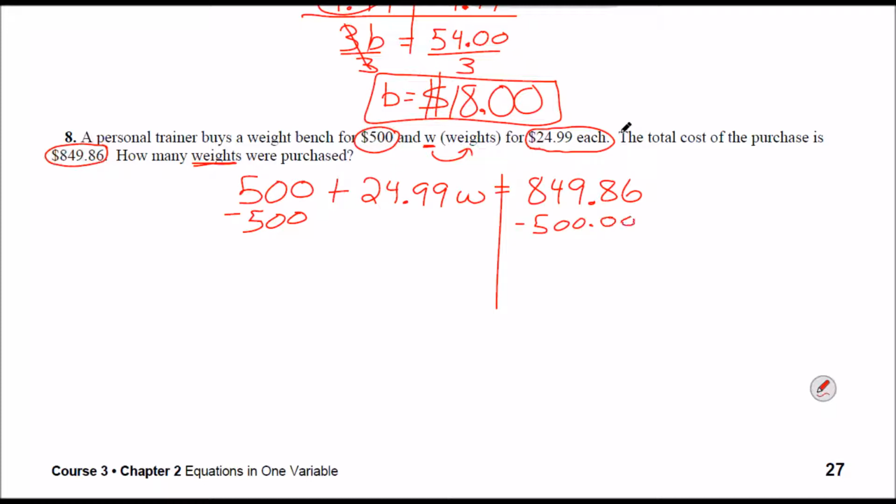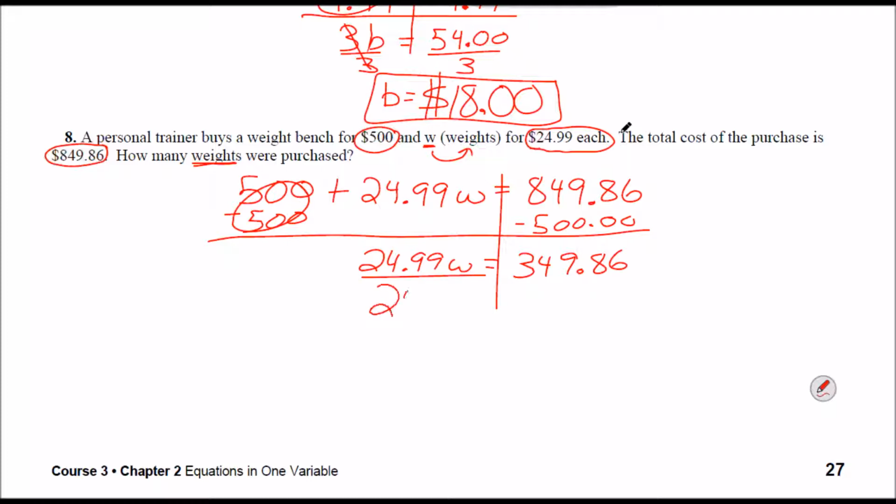Remember 500 really looks like that when you put decimals behind it. So that gives us $24.99 W equals $349.86. And then we divide by $24.99 on each side. So that gives us W equals 14.